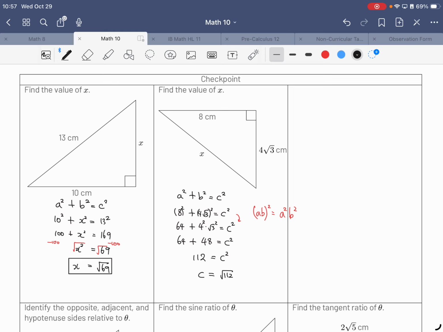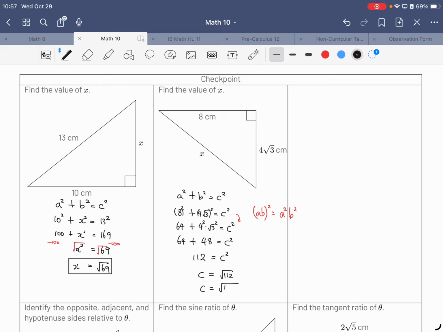Now, if you really care about making this better, you can try to simplify this. You're not expected to know how to simplify radicals yet, but if you really wanted to, the square root of 112 can be divided: 112 divided by 16 is equal to 7.